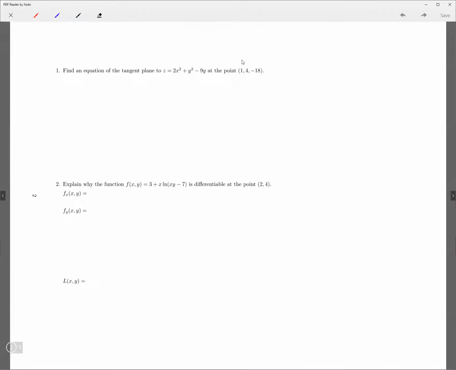So notice that if you make x naught equal to 1 and y naught equals 4, then z naught is going to be 2 times 1, I'm just following this equation here, plus 4 squared minus 9 times 4, and that's going to be 2 plus 16 minus 36. This is going to be negative 18. Okay, so that gives you this one here. So those 2 points were used to get this third point.